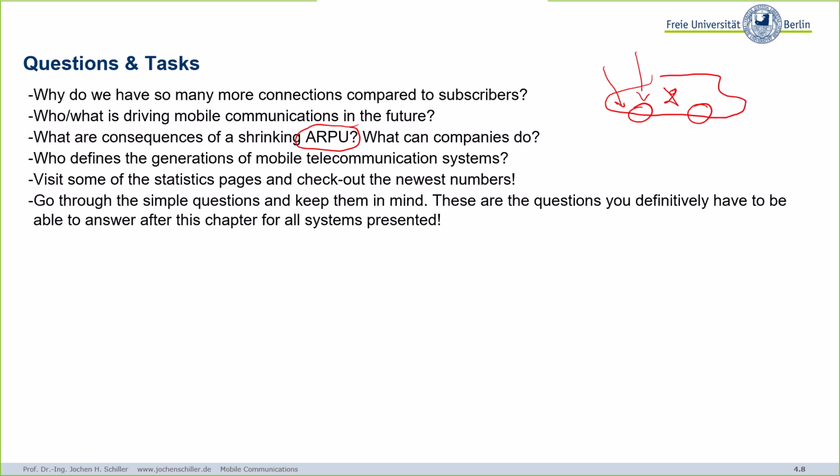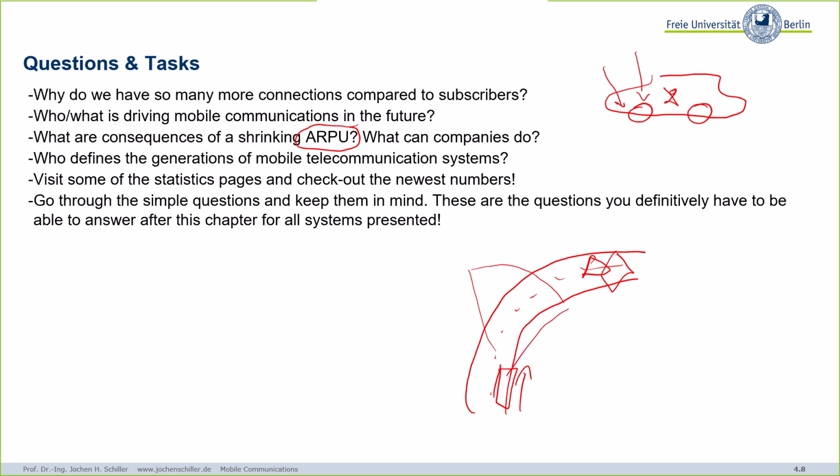So there was one more question about why cars need to talk to each other using sensors. Well, the point is, assume you have a road like this, whatever, and here's your car driving with a certain speed, and here you have already an accident. All your sensors will cover a certain area, but you will not see the accident around the curve.